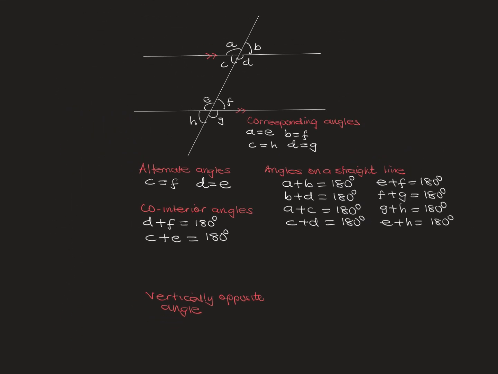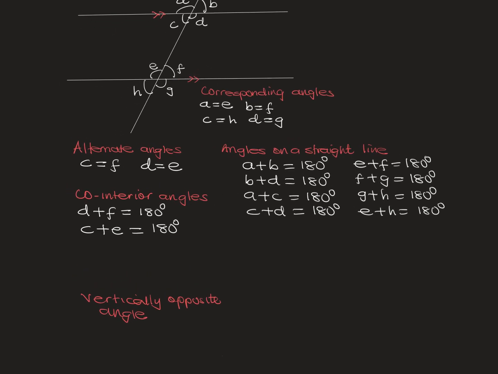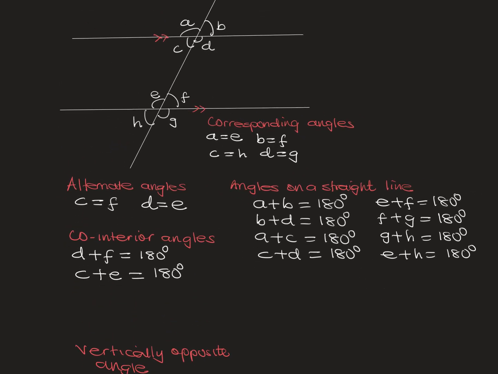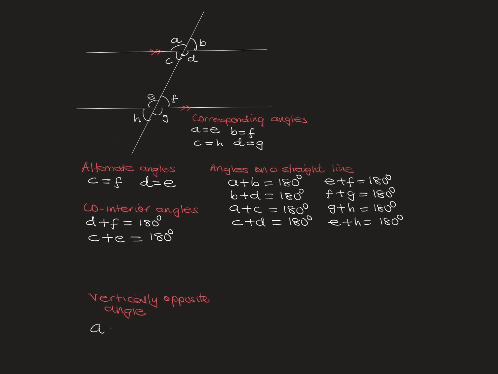For vertically opposite angles, A is equal to D, B is equal to C, E is equal to G, and H is equal to F. These are vertically opposite angles.